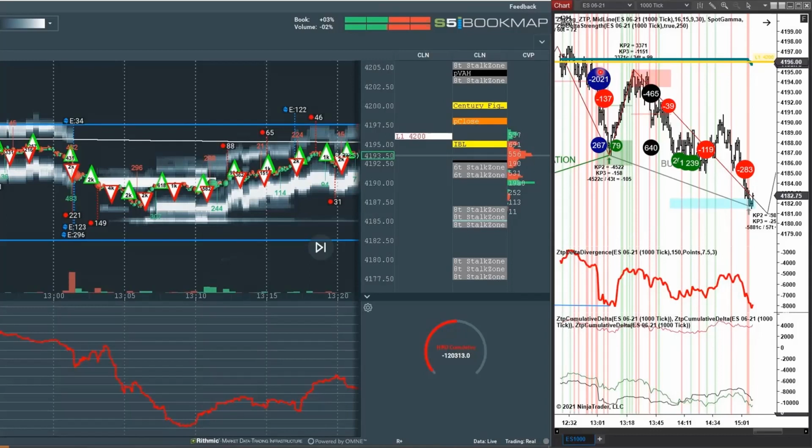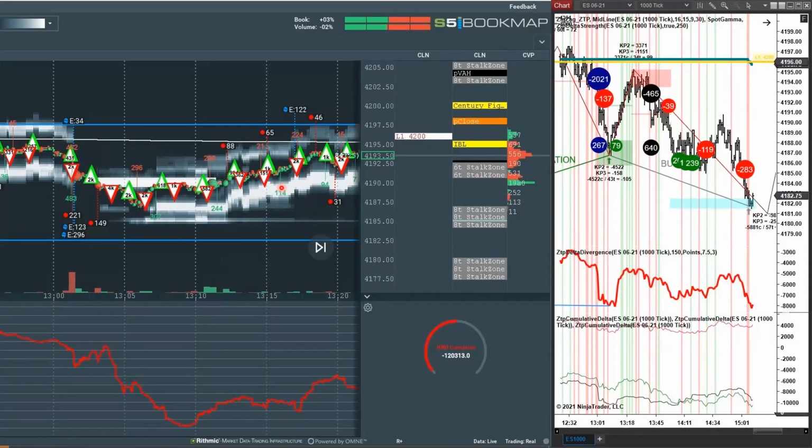That was done at the same time that we saw this drop in the Hero indicator right here at 13:02 hours on May 25th. My indicator, which I call delta strength, picks that up as the negative 2021 contracts.